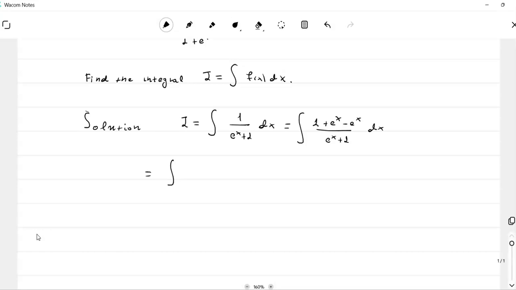In the numerator, I can write e to the x plus 1 plus e to the power of x minus e to the power of x, and in the denominator, I have e to the power of x plus 1. So I can split the integral.